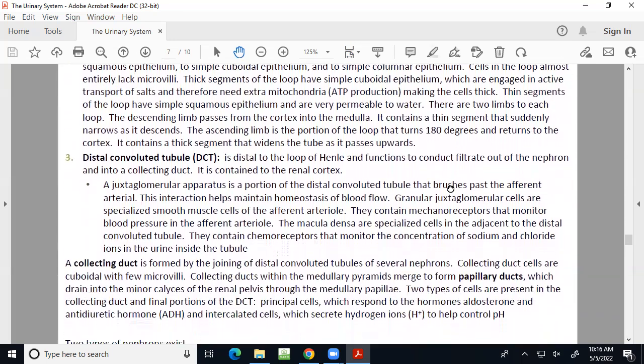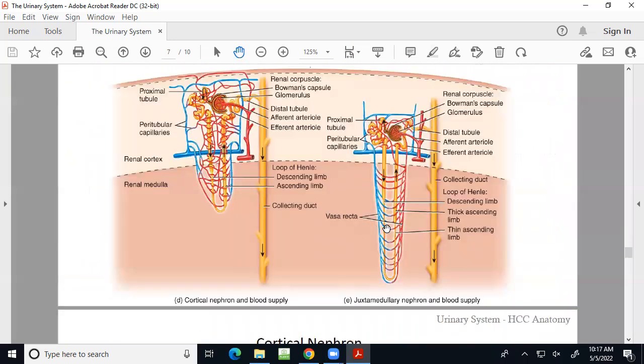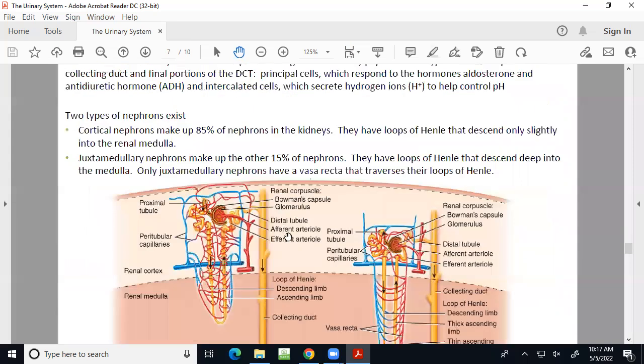The thicker segments of the loop have simple cuboidal epithelium and are engaged in actively transporting salts and therefore need extra mitochondria for ATP production, which is what makes those cells thick. The thin segments of the loop have simple squamous epithelium and are very permeable to water, which means water is easily going to travel through those thin segments, whereas in the thicker segments, we're not moving water, but instead we're pumping salts.